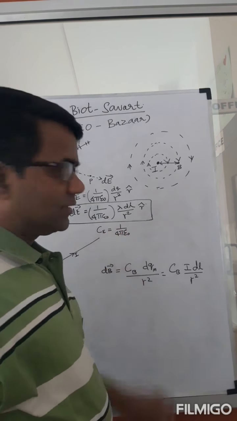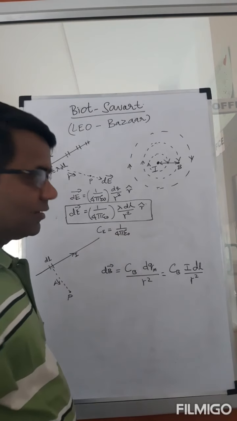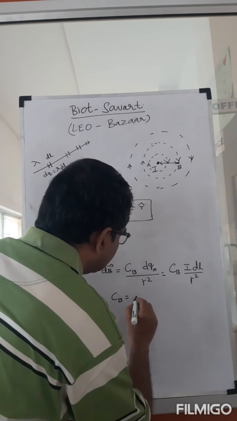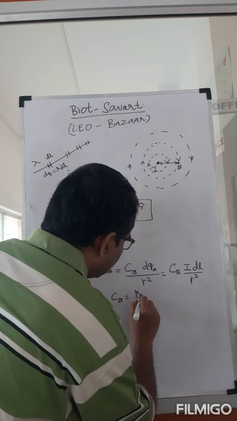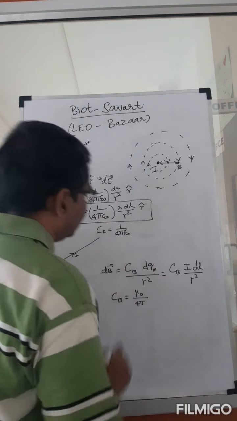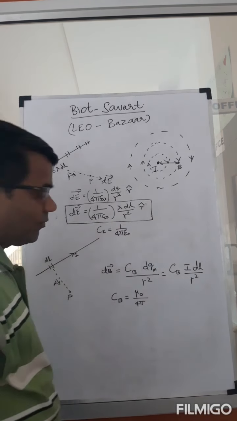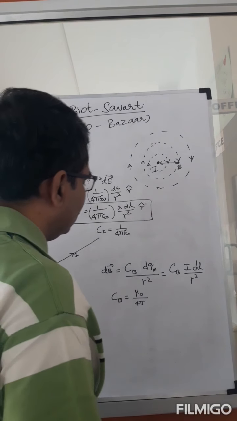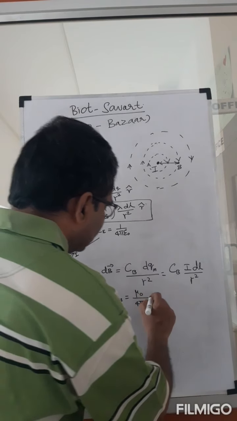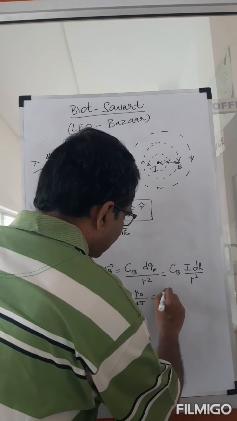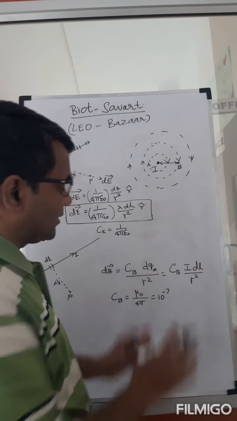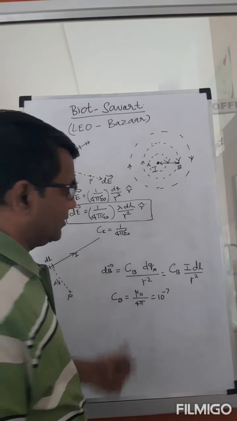So in line with the same thing, I am going to write Cb as mu naught by 4 pi, just in line with this. So this is equal to 10 power minus 7 anyway. So mu naught will be equal to 4 pi into 10 power minus 7, but let me not get into that. So this is my Cb.